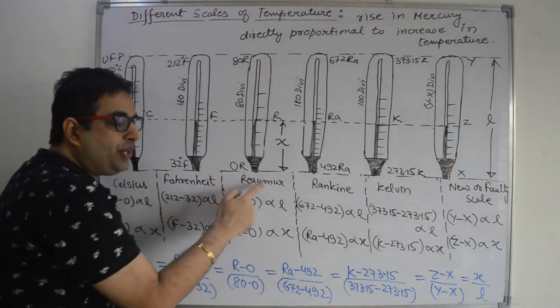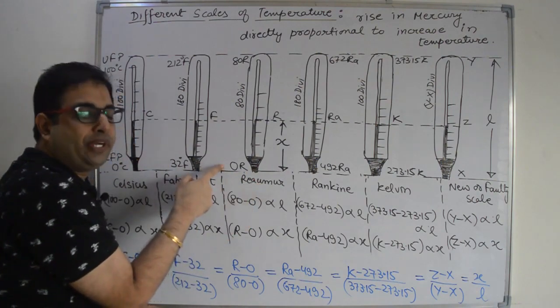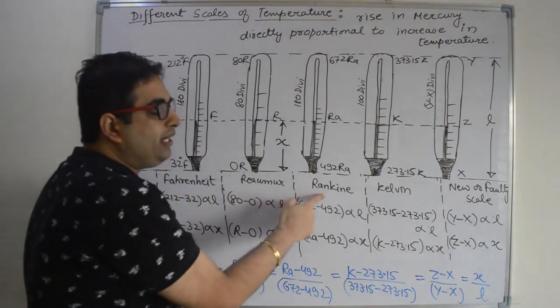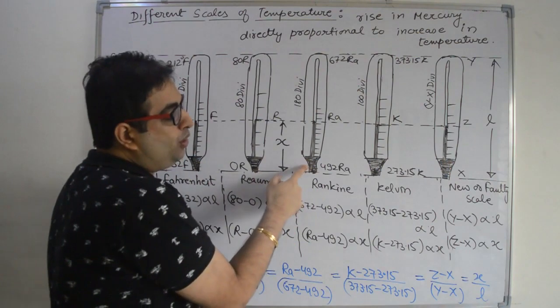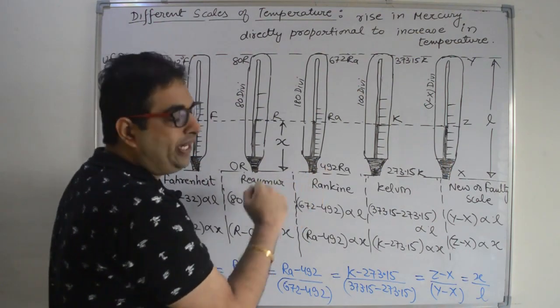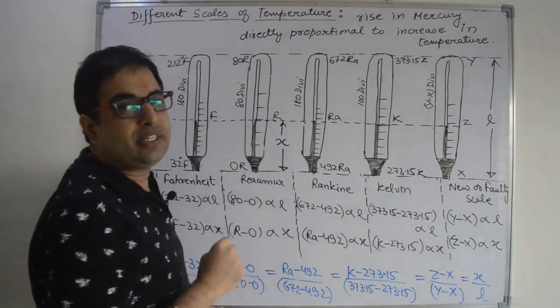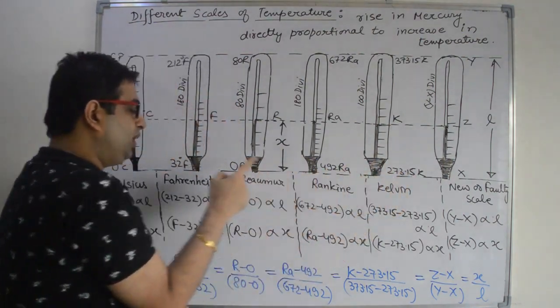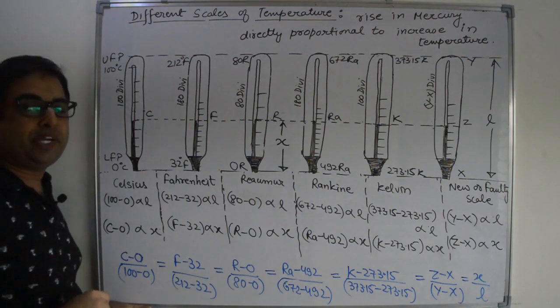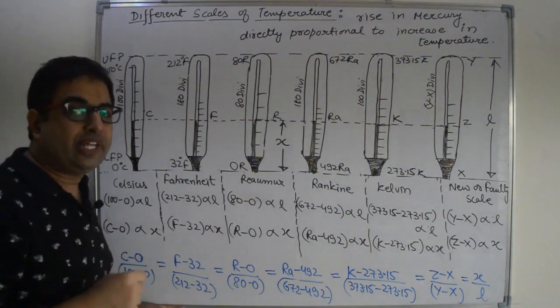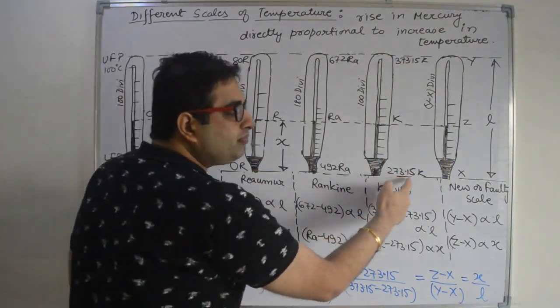Similarly, we have the Reaumur scale, lower fixed point 0 Reaumur. Next, Rankine, lower fixed point 492 Rankine. Next is the Kelvin scale, that is 273.15 Kelvin as the lower fixed point. Lower fixed point means the ice point, when ice will start melting.